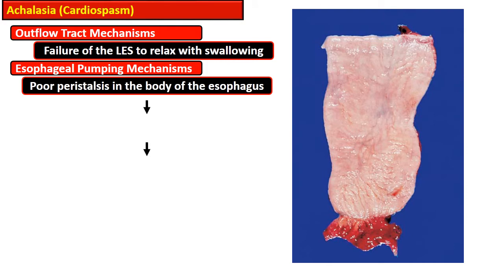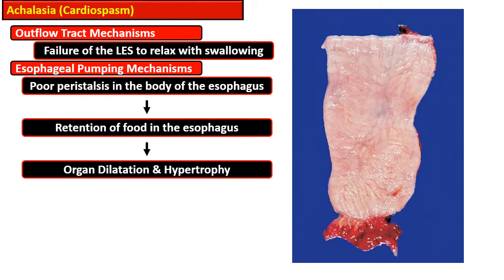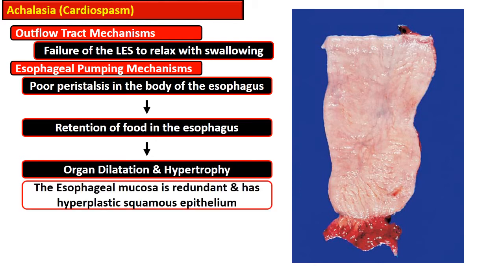When these fail, if the lower esophageal sphincter fails to relax with swallowing, or there is poor peristalsis in the body of the esophagus, that will result in retention of food in the esophagus, dilatation of the esophagus and hypertrophy of the wall.